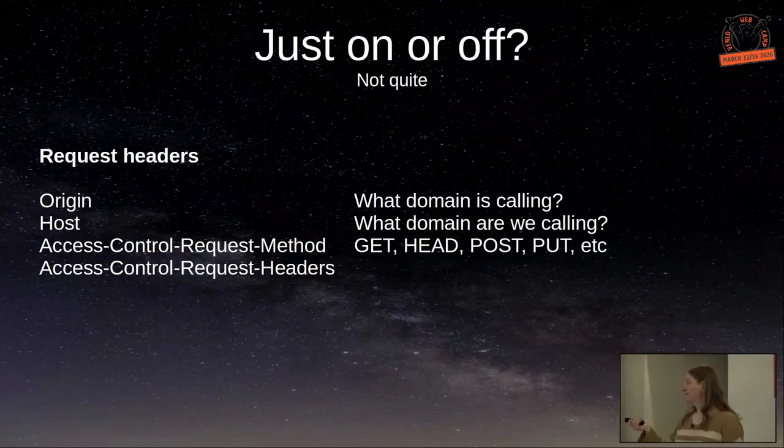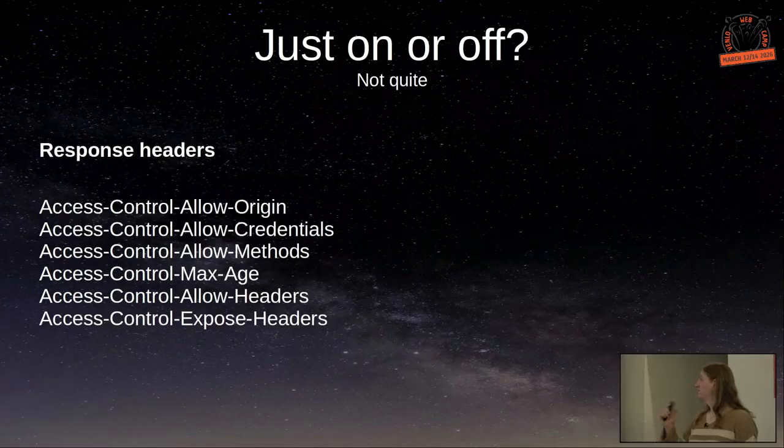And if you have special headers, what request headers. These are the headers the server can respond with. The allow origin: who is allowed to connect. The credentials. By default, in a CORS call, credentials like a username and password are not included.